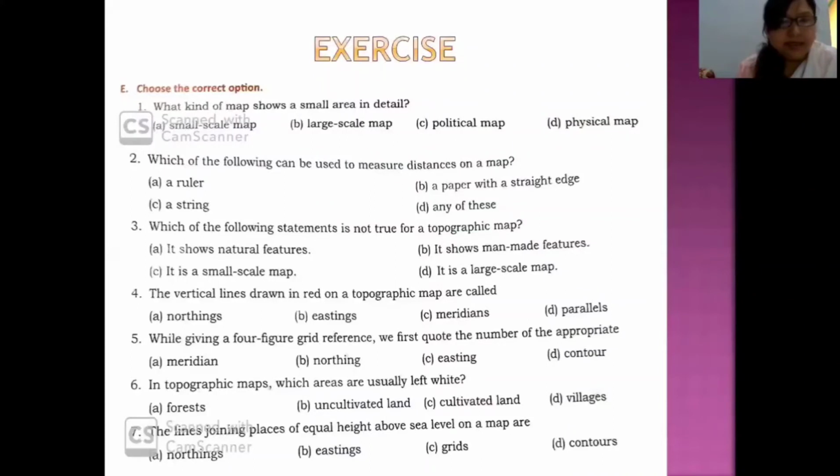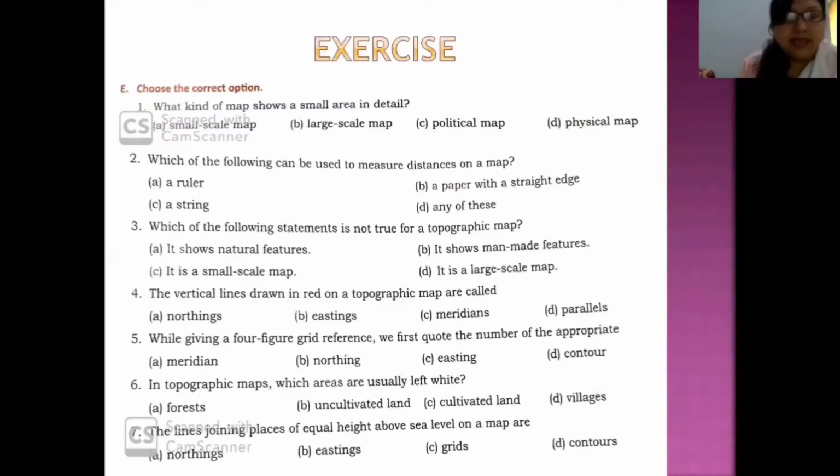Number 5th, while giving a 4-figure grid reference, we first quote the number of the appropriate, options are meridian, northing, easting, contours. So the answer is northing.